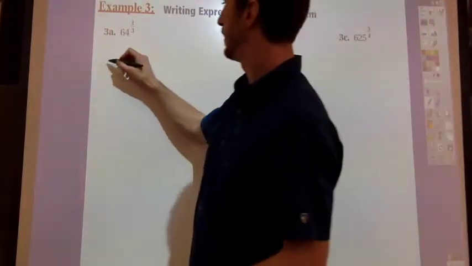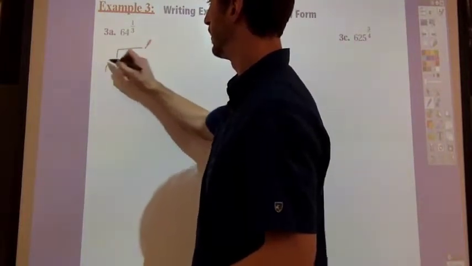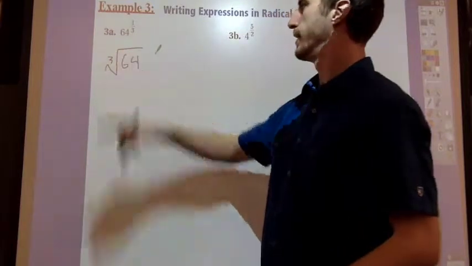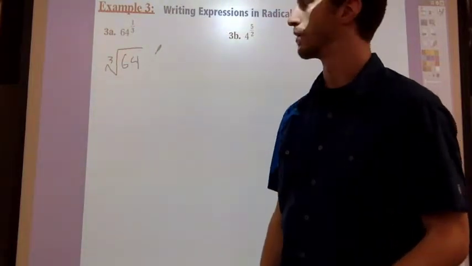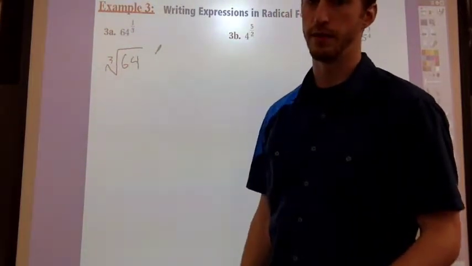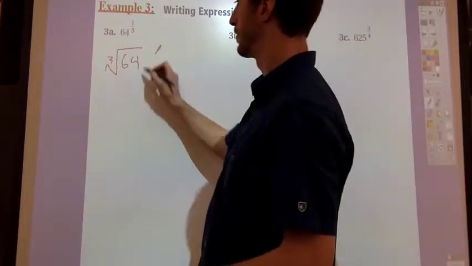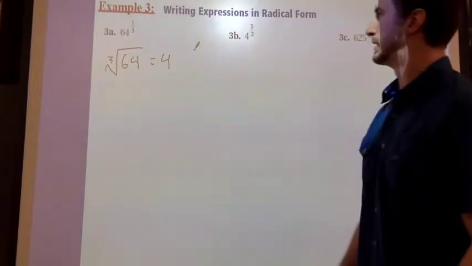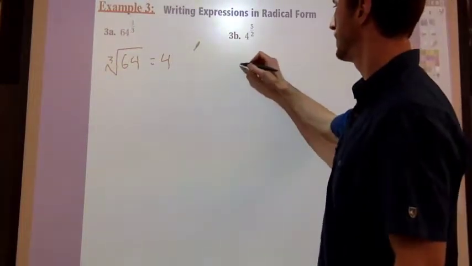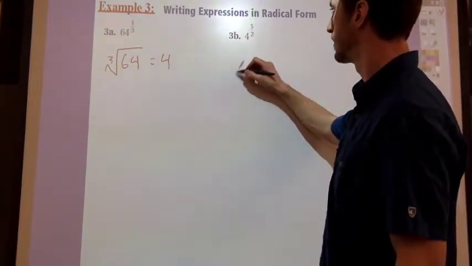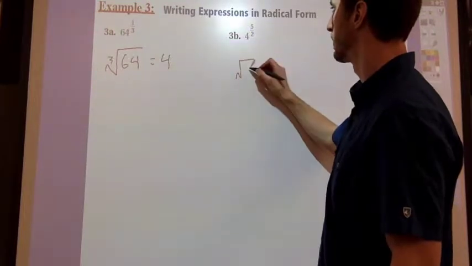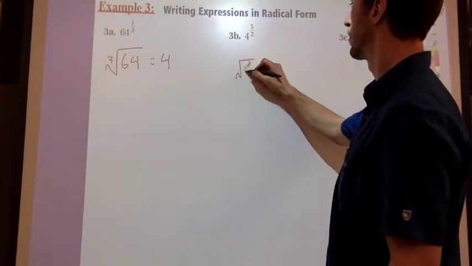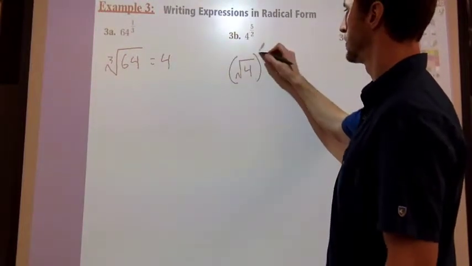So this one is the third root of 64. It wants you to write it in radical form, and that's radical form, but then we can just go ahead and evaluate that. And the third root of 64 is 4. This one, you can write it as the square root of 4 raised to the 5th.